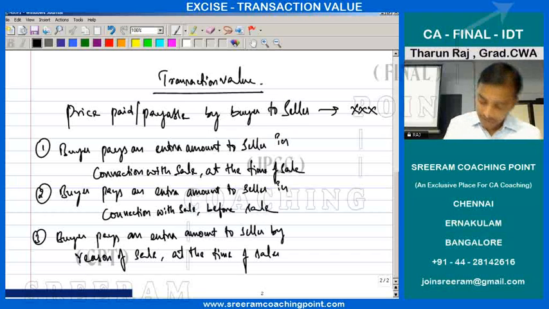Anyhow, I started, I will finish this. This is before sale. For after sale, another point will come. Shall I include it or write separately? Before or after sale. Clear? Next, the buyer pays an extra amount to the seller by reason of sale at the time of sale.